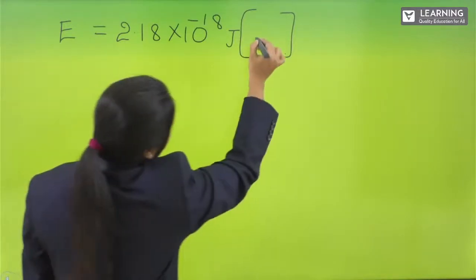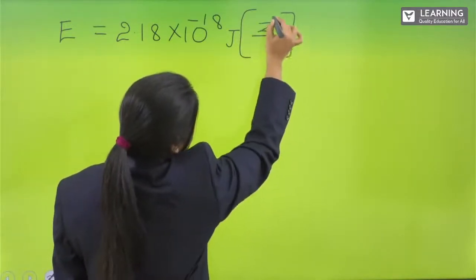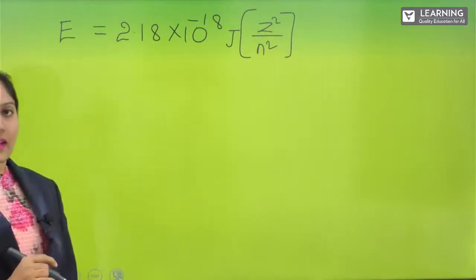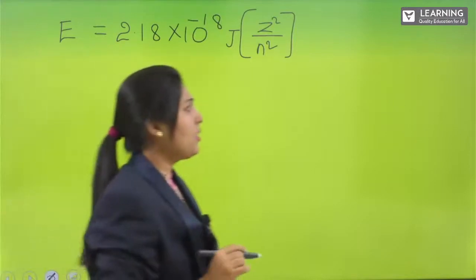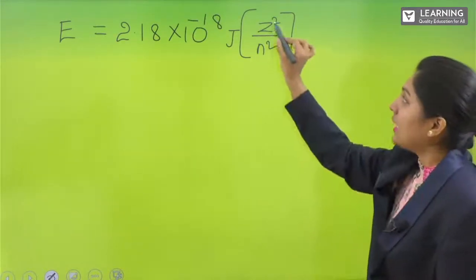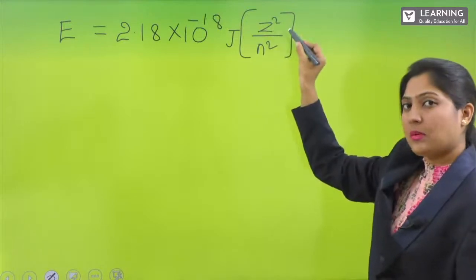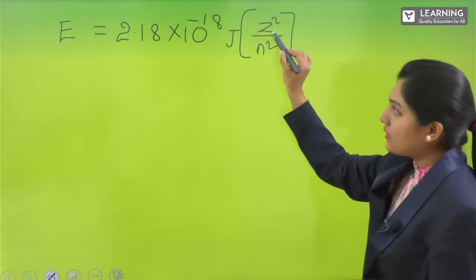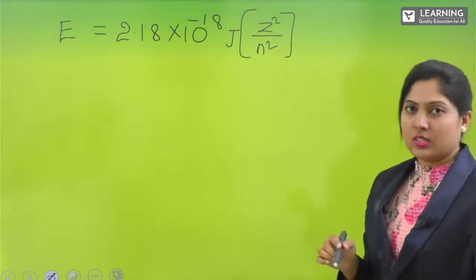So here instead of 1, we are taking z square by n square. Why are we taking z square here? As I said, we have different mass numbers. So Z has a different value for helium, lithium, beryllium, likewise. So you can substitute that and derive the energy level.